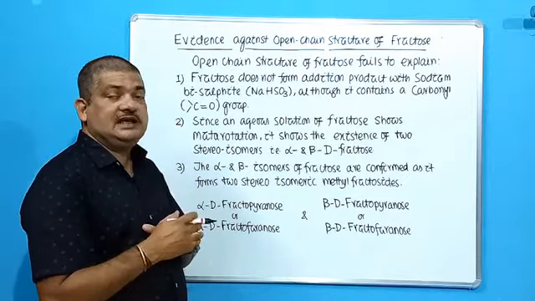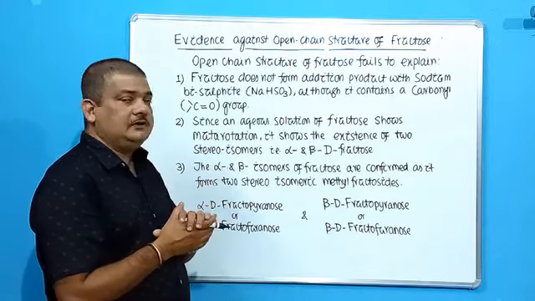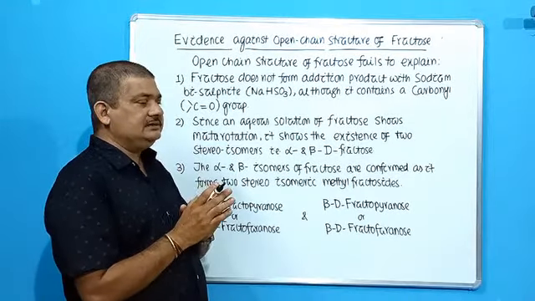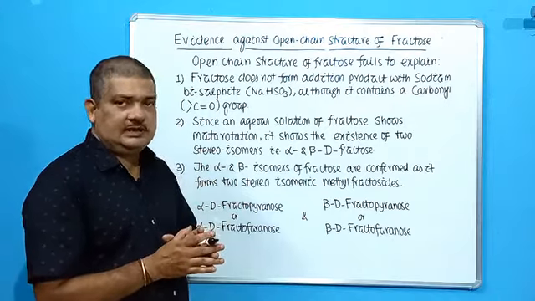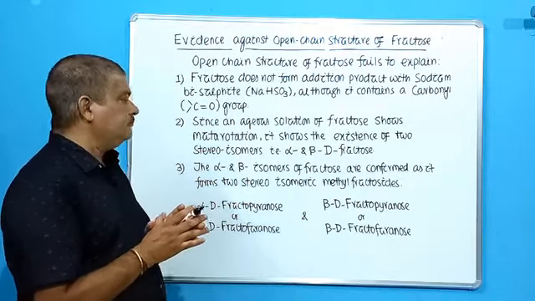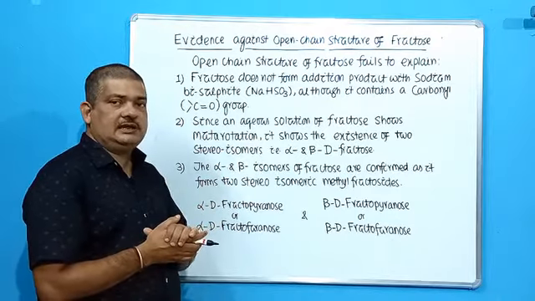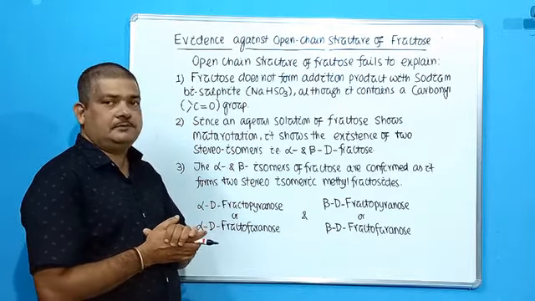In the case of glucose it was alpha and beta D-glucose. Here, in the case of fructose, it will be alpha and beta D-fructose. Because it undergoes mutarotation, that is, change in specific rotation, it confirms that in fructose also two stereoisomers are possible, alpha and beta D-fructose.